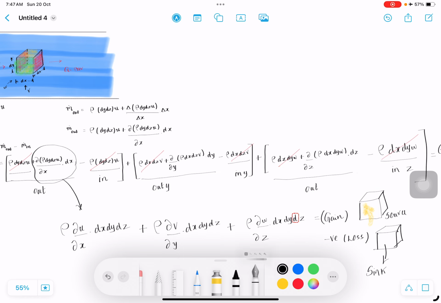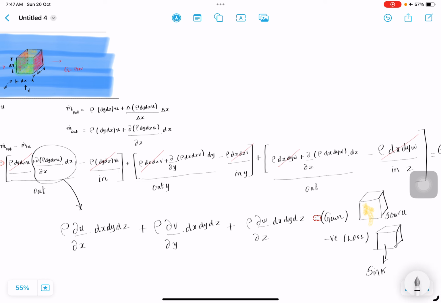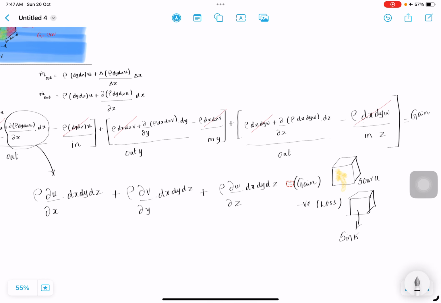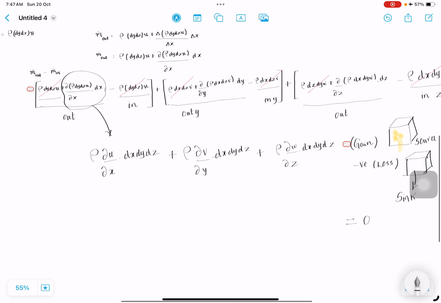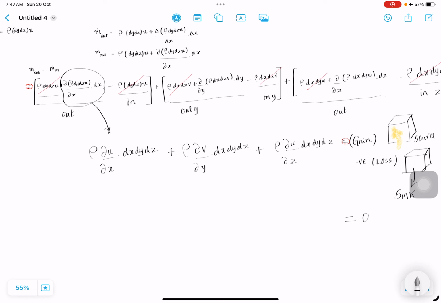For an incompressible fluid, let us assume there is no sink, there is no source, and also that it is incompressible. In that case, there is neither gain nor loss, so it will be zero. Whatever quantity of fluid is coming out should be equal to the quantity of fluid that is coming in. In that case, this right-hand side will be zero. So we will consider the scenario of incompressible fluid.